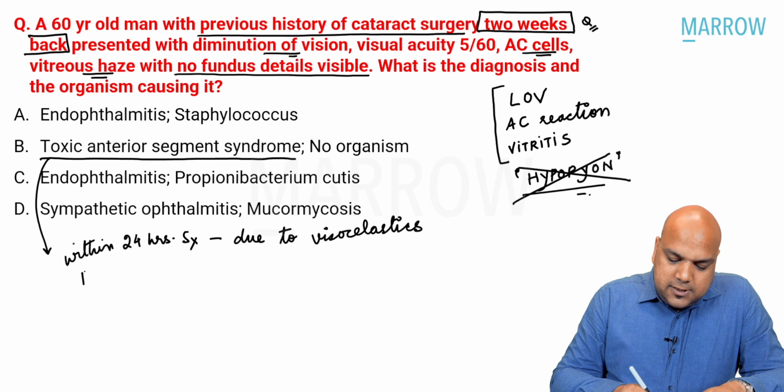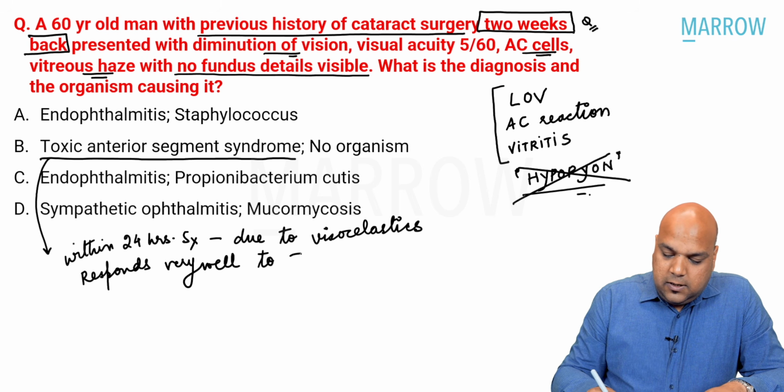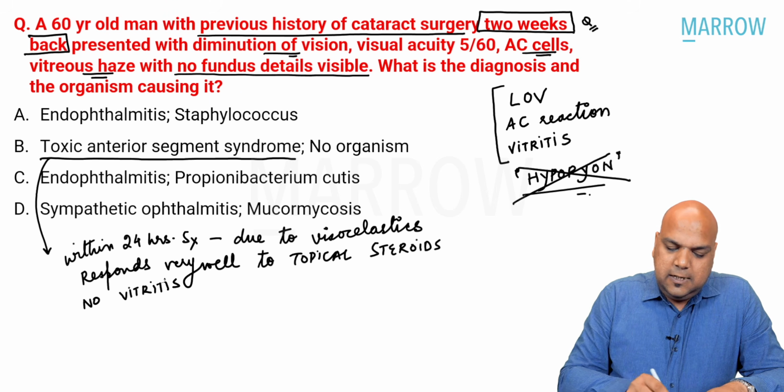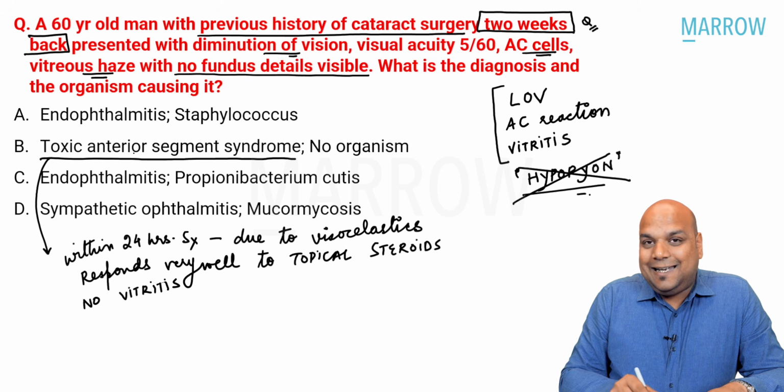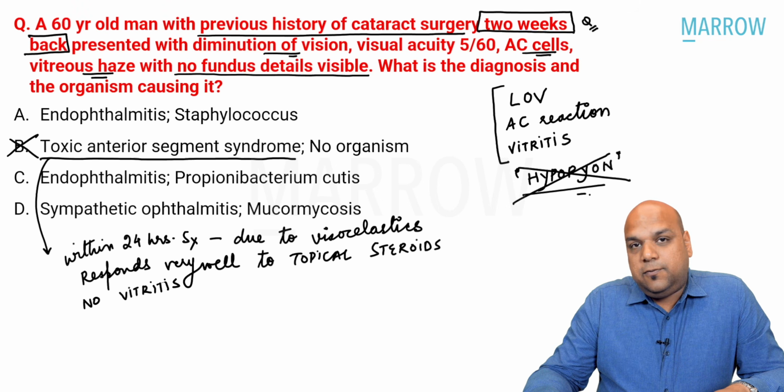But it responds very well to topical steroids. So after 2 weeks, if the patient is complaining, number one, and number two, there is no vitritis, this is by name toxic anterior segment syndrome. So I don't think this should have been a confusion.